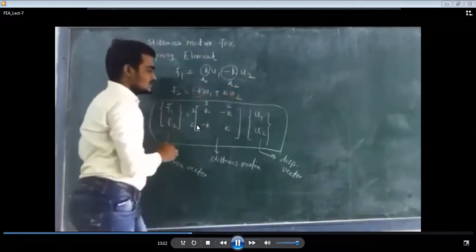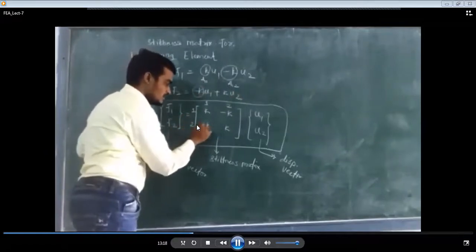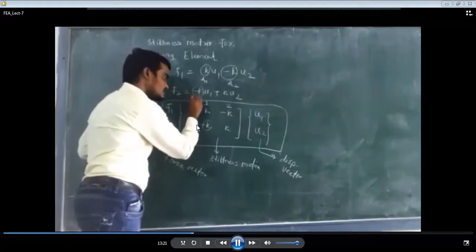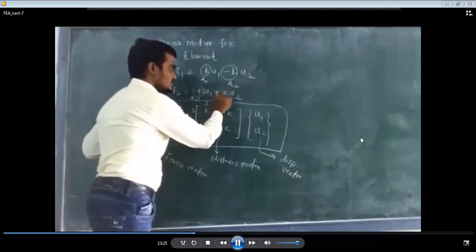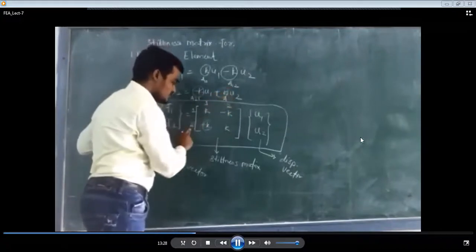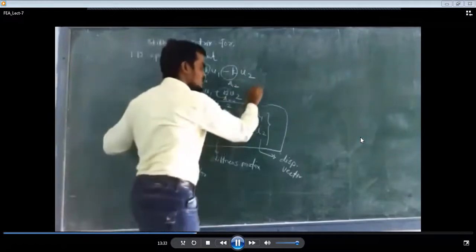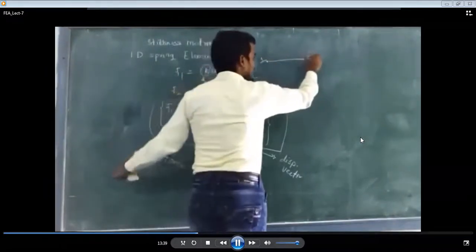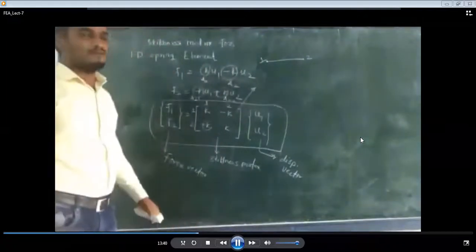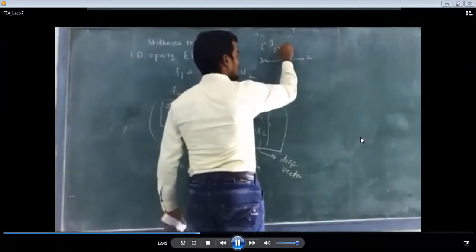Similarly, this minus k is for second row first column, means A21, which is related to your elemental stiffness matrix, and for second row second column it will become A22. So if there is only one element, then you can write this elemental stiffness matrix as of order 2 by 2.